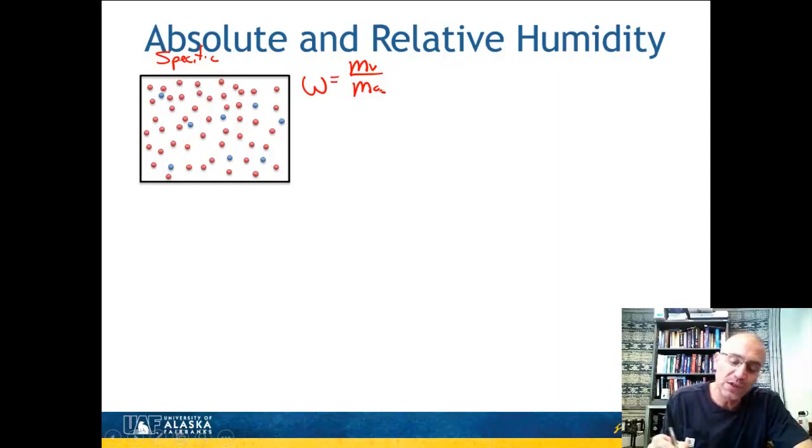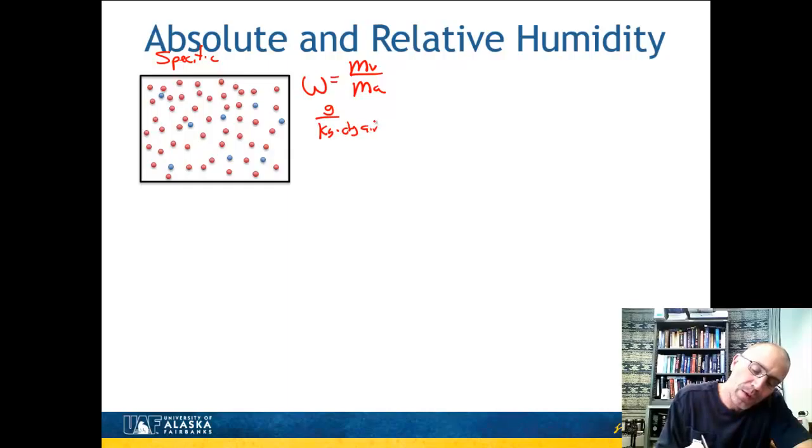And it tends to be pretty small, as I said, maybe 0.5% or 1%. So this is a mass per mass and is often reported as grams per kilogram of dry air. Sometimes it's kilograms per kilogram, at which point it'll be a fairly small number, but it's relatively on the order of 1%. So that right there is what the absolute or specific humidity is.